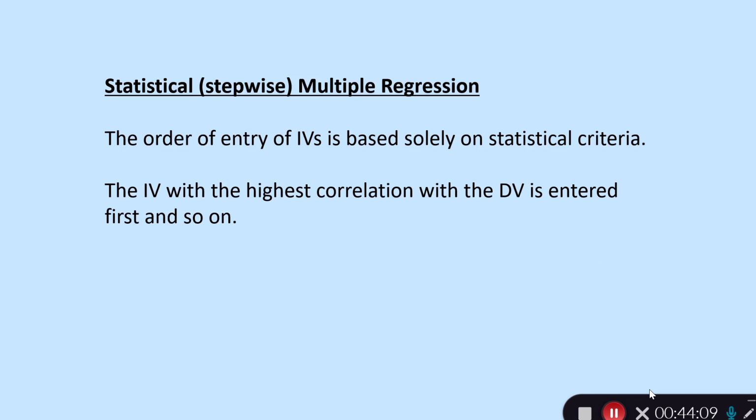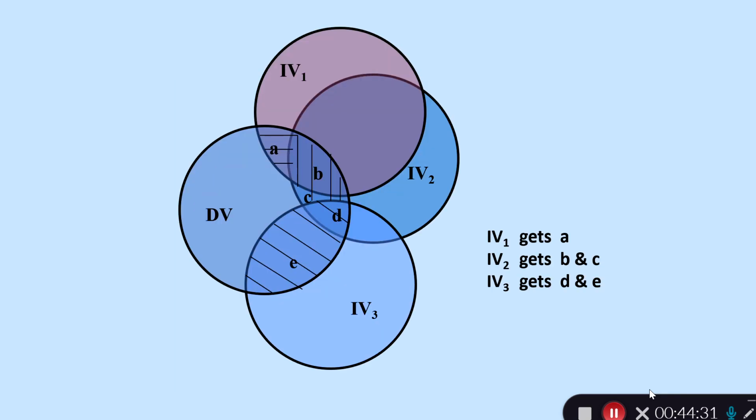The third one is statistical, most commonly referred to as stepwise multiple regression. In this case, the order of entry of IVs is based solely on statistical criteria. The IV that has the highest correlation with the DV is often entered first, and so on and so forth. How does this affect the model? Well, we get different results if we do a stepwise analysis based on correlation.